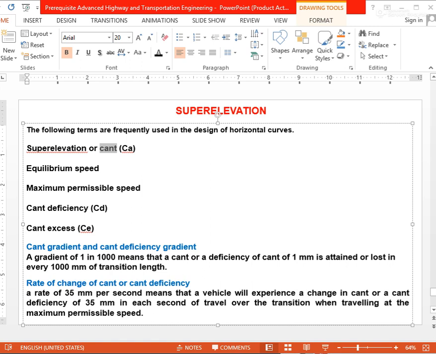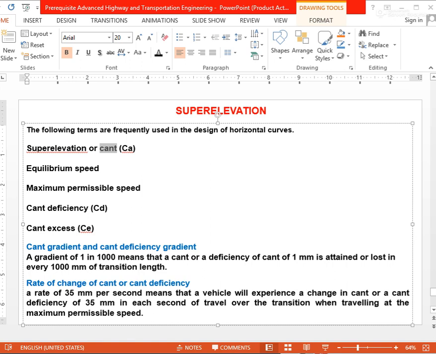Okay, and a gradient of suppose 1 in 1000 means that a cant increasing or super elevation, or a deficiency decreasing of cant of 1 millimeter is attained or lost in every 1000 mm of transition length. That is cant gradient and cant deficiency gradient.